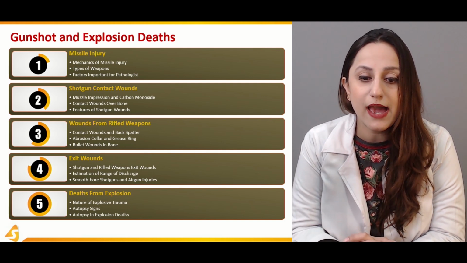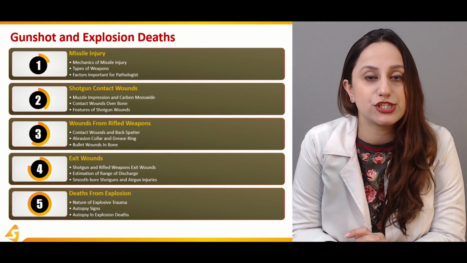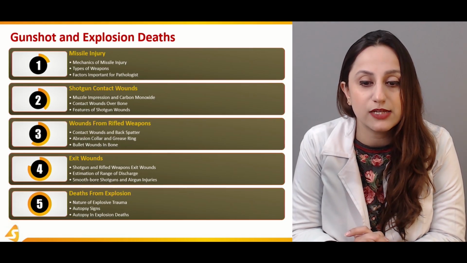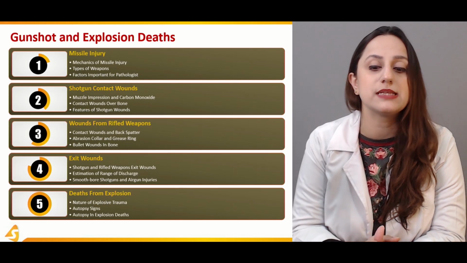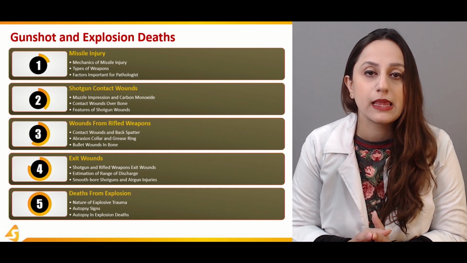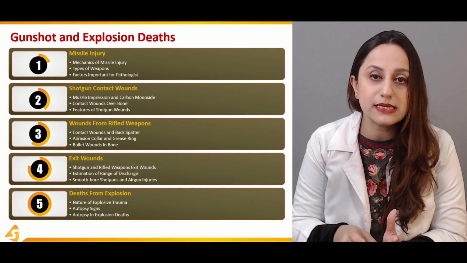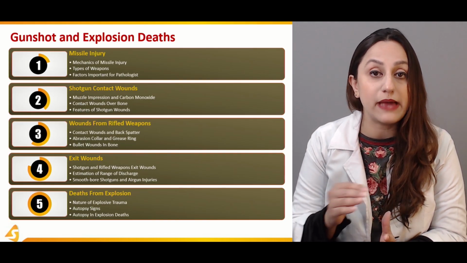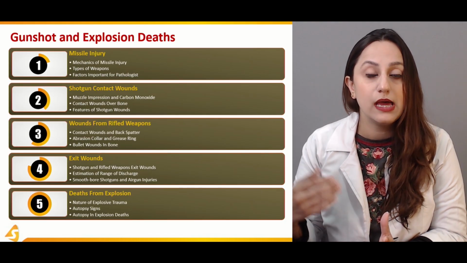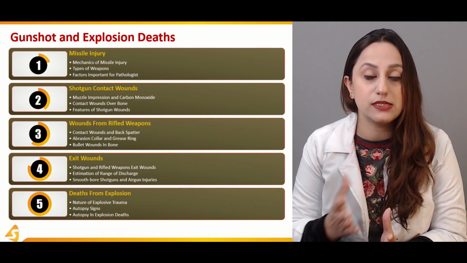The estimation of the range of the discharge is again very important, and we'll be discussing that too. Then the smooth bore shotguns and air gun injuries. Different weapons produce different kinds of injuries, depending upon the mechanisms the bullet passes through when it enters the tissues.